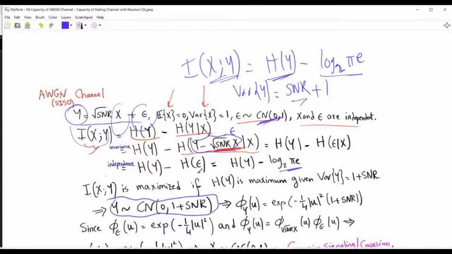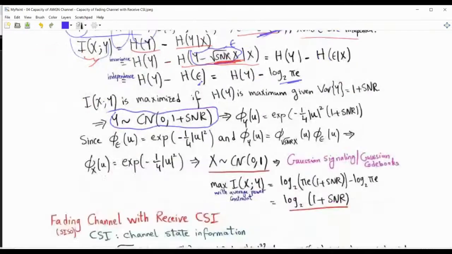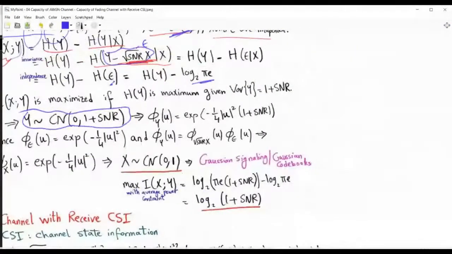So information theoretically, what should you transmit on the channel? The answer is not binary PSK or 16 QAM or anything. Basically, what you should transmit is Gaussian signals, taken from the Gaussian distribution. In many papers you find this: Gaussian signaling or Gaussian code books.